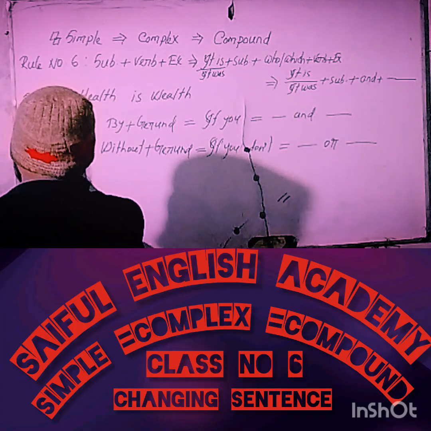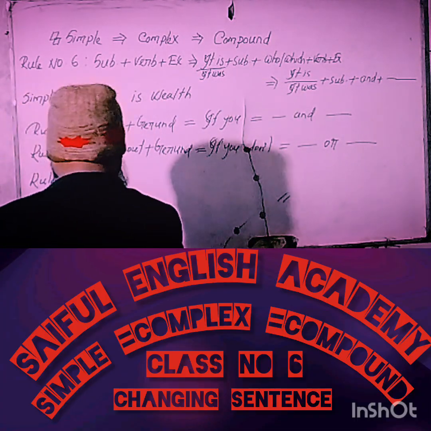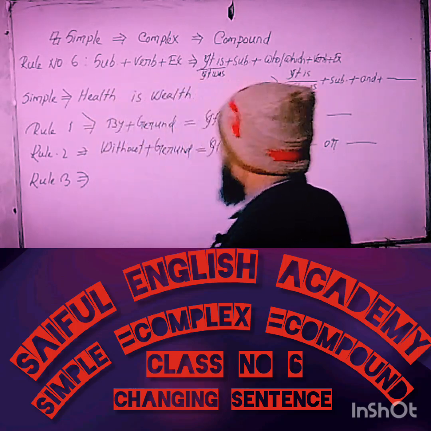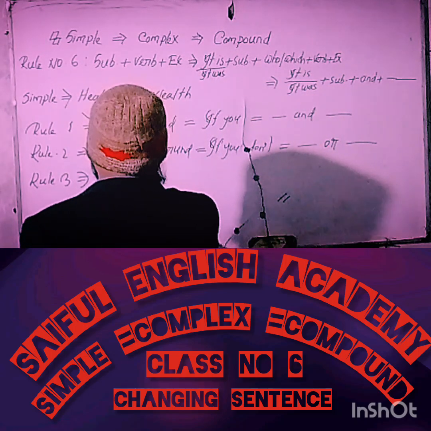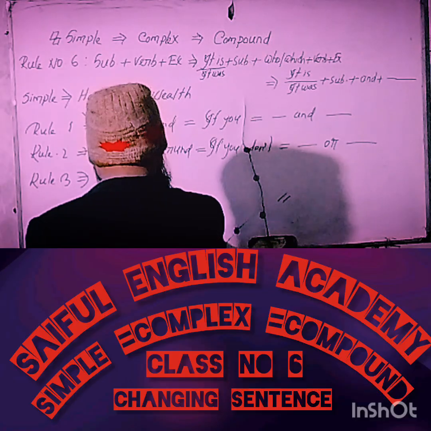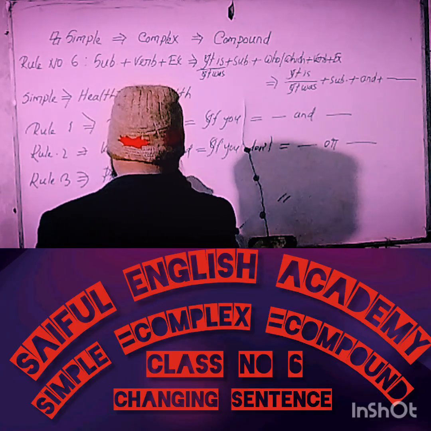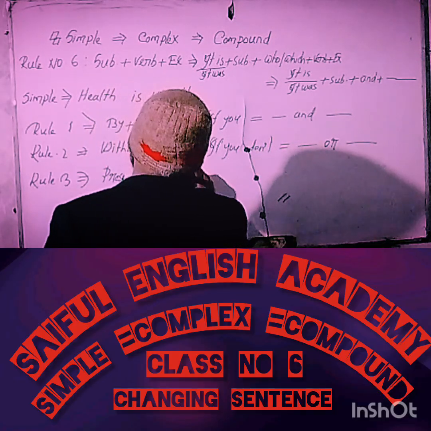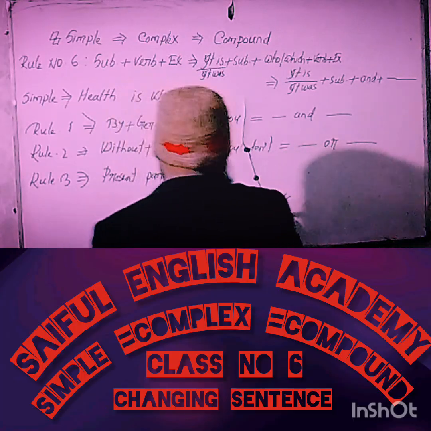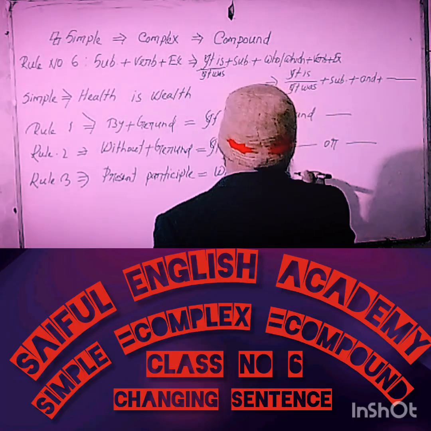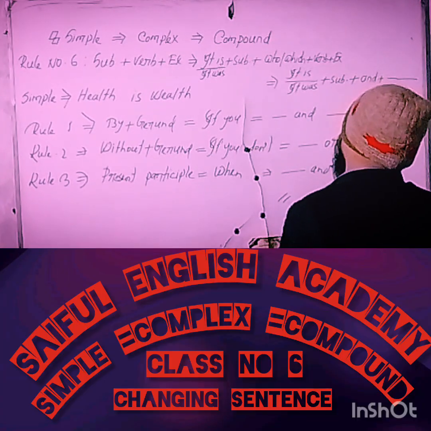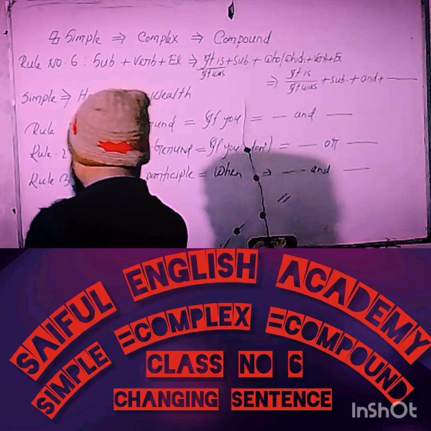In rule number 3, present participle equals to on, equals to and.